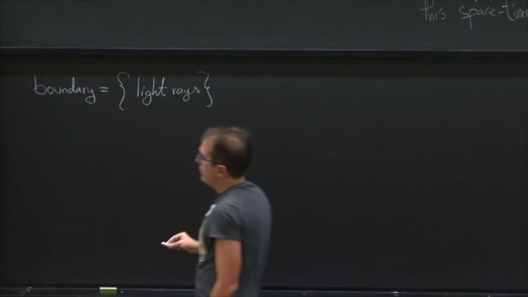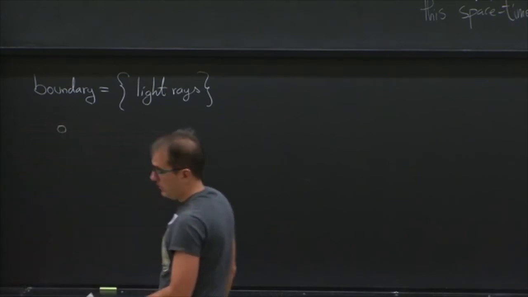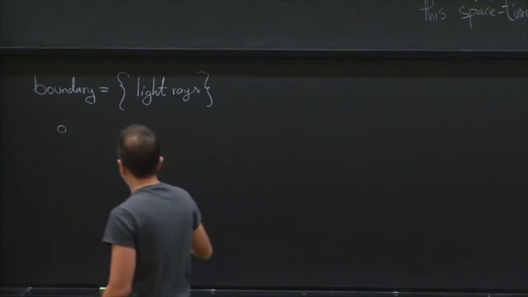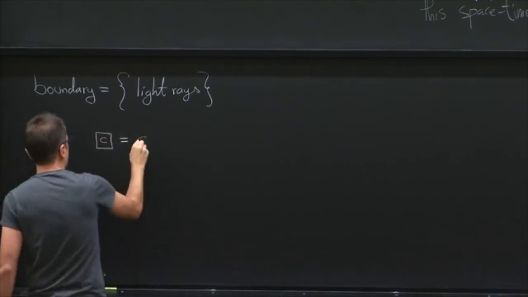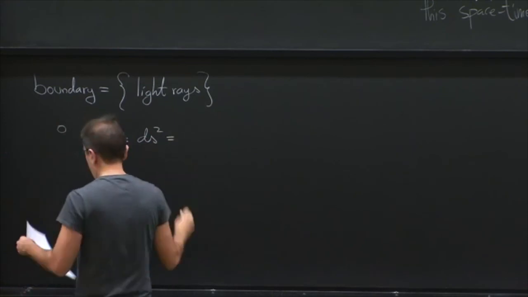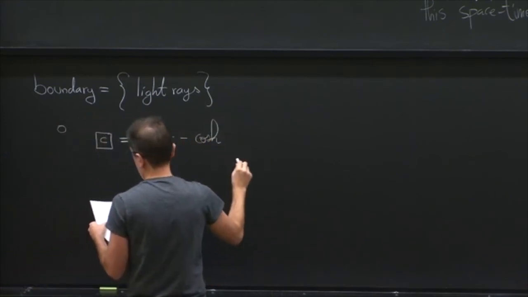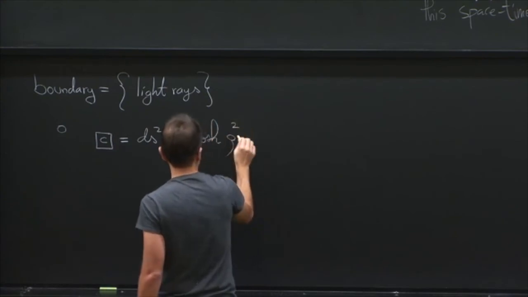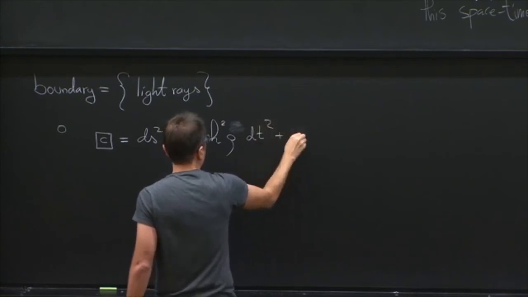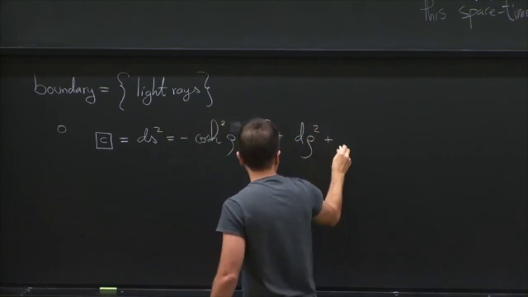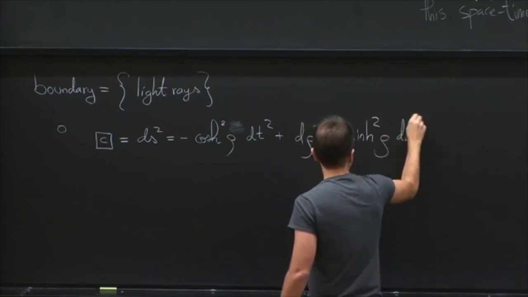And now finally, let me make one last comment about cylinders. So let me construct a third metric, C, ds squared, that will be like a cylinder, but with interior: minus cosh squared of rho dt squared plus d rho squared plus sinh squared of rho times a d-dimensional sphere.